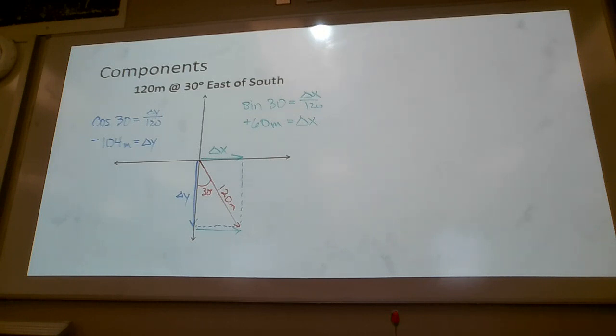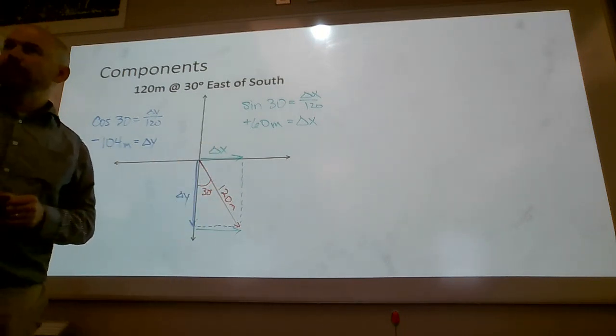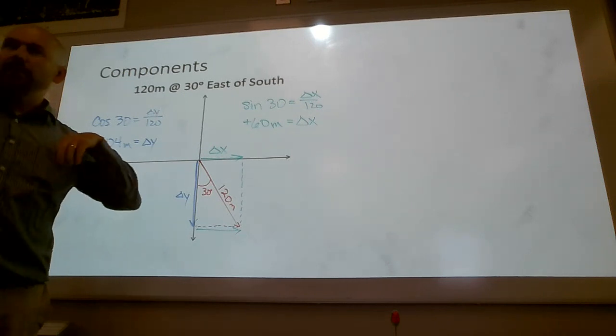You get the red vector. You see how that's working? The components are pieces of the whole. That's why we call them components. Good with that?